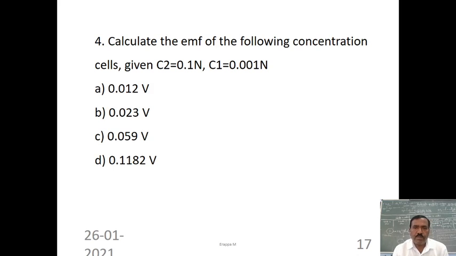Calculate the EMF of the following concentration cells given C2 and C1 as given. Substitute in the equation for EMF of the cell. They have given 4 answers: A is 0.012 volts, B is 0.0023, C is 0.059 volts, D is 0.1182 volts.